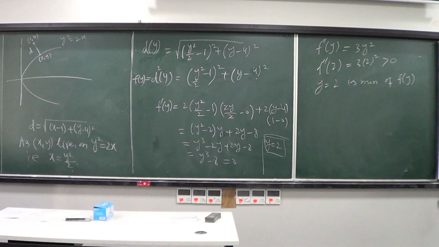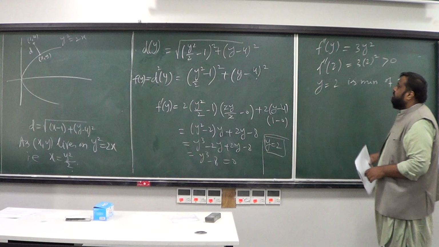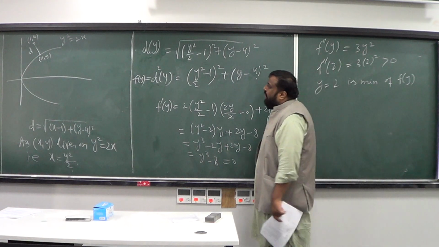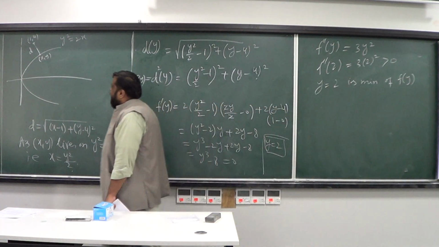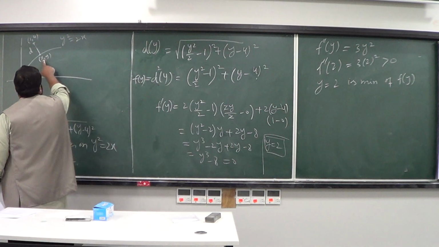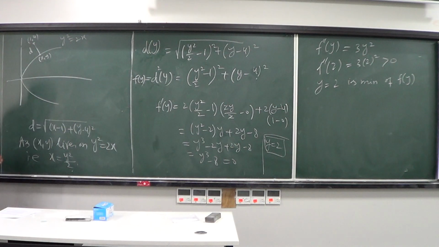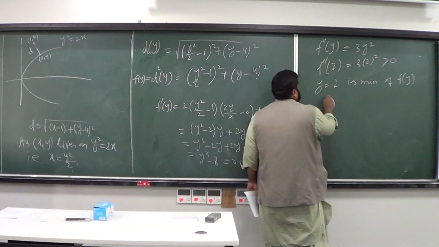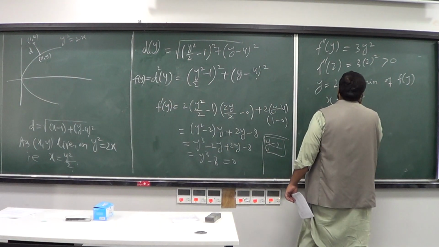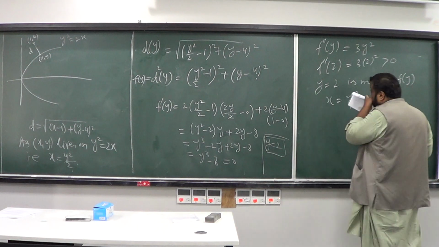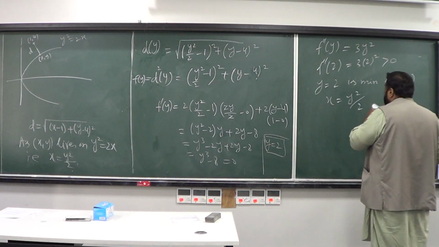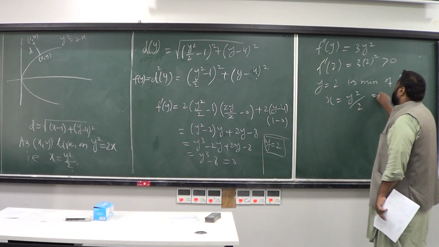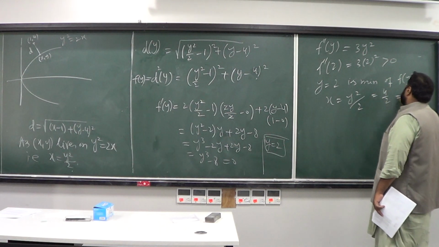Now, we want to find this point. In order to find this point, I need to find x. And how is x related to y? So x is y square over 2. Then if x is y square over 2, this is going to be 4 by 2, so it's equal to 2.